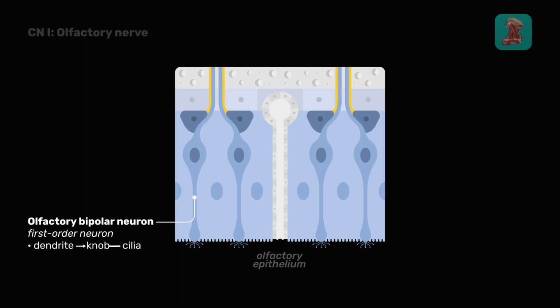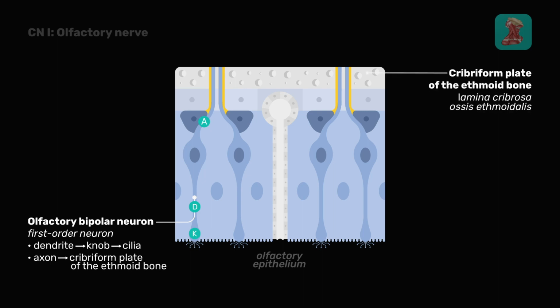The peripheral process, or the dendrite, extends to the surface of the olfactory epithelium, expands, and forms a so-called dendritic knob with cilia that capture odor molecules, also called odorants. The central processes, or axons, are collected into small bundles that enter the cranial cavity via the cribriform plate of the ethmoid bone, which makes up the bony roof of the nasal cavity.